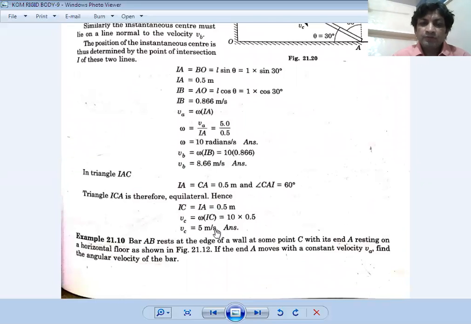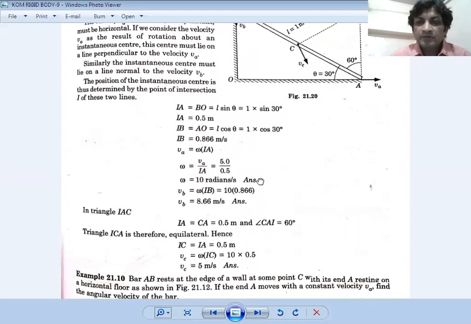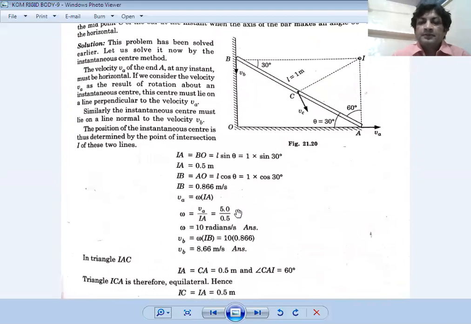VC is equal to 5 meter per second. So in this way, we are able to calculate the velocities of different points with the help of instantaneous centers, for objects describing general plane motion. Thank you.